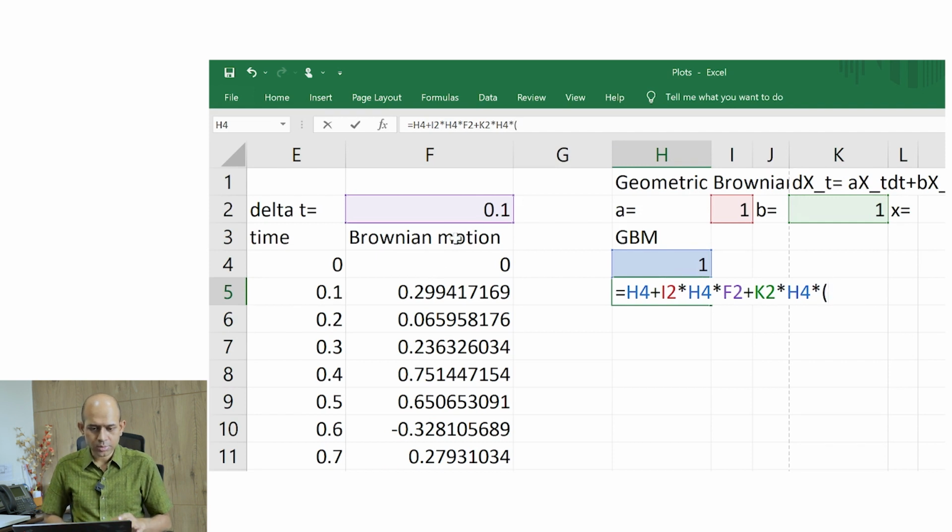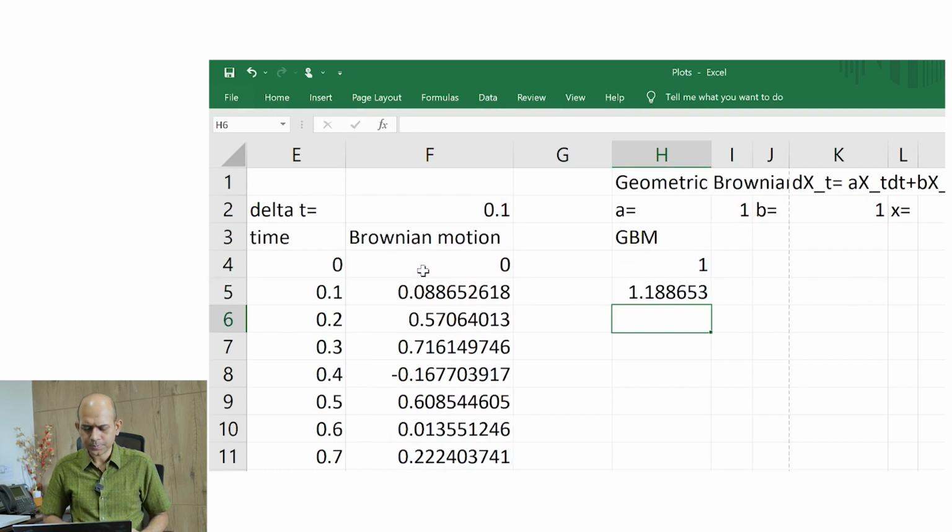The Brownian motion is in the F column, so it is the difference of this number minus this number. This is going to give me the geometric Brownian motion value at the dt time.